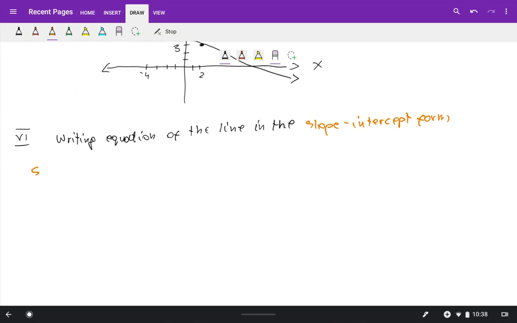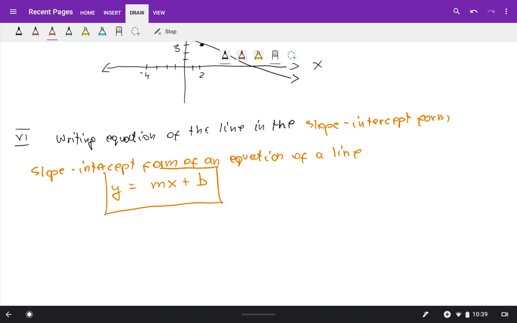So the slope intercept form of the equation of a line is y equal mx plus b.